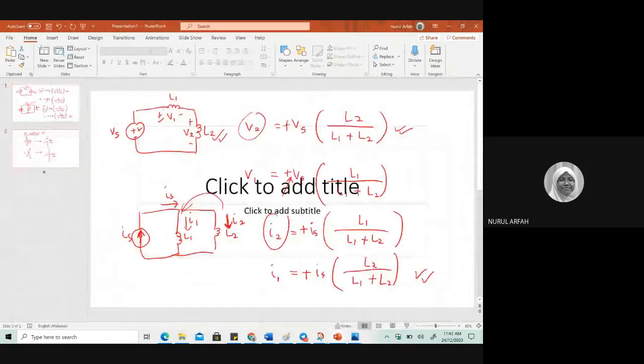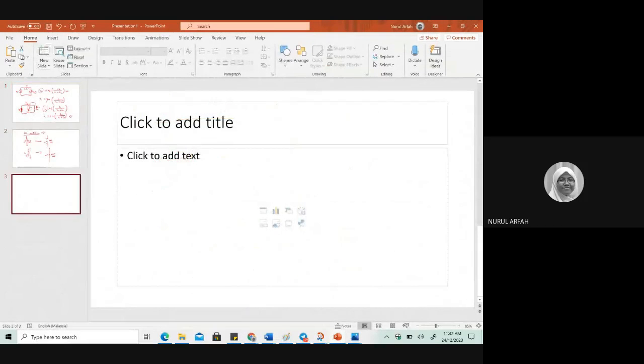Let me have that slide. So this is a voltage source. You have inductor 1, inductor 2, some voltage drop across inductor 1, and some voltage drop across L2. Then V source will be V1 plus V2. V1 will be equal to, you need the V source.